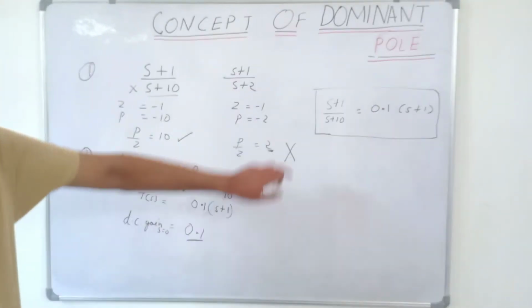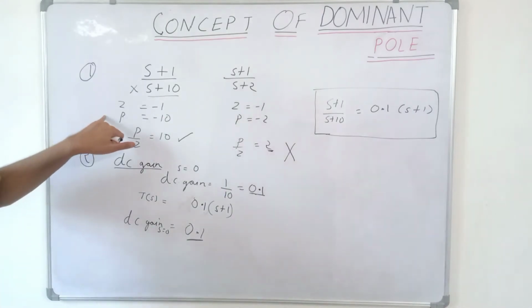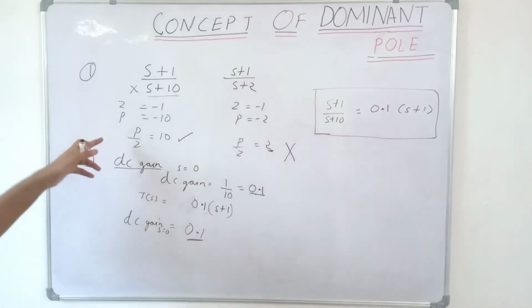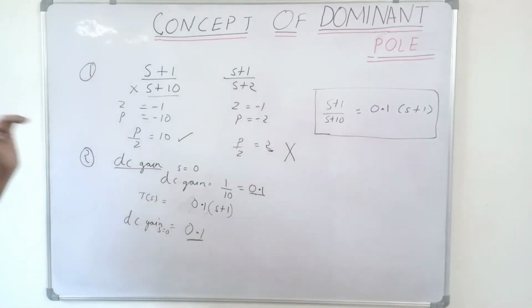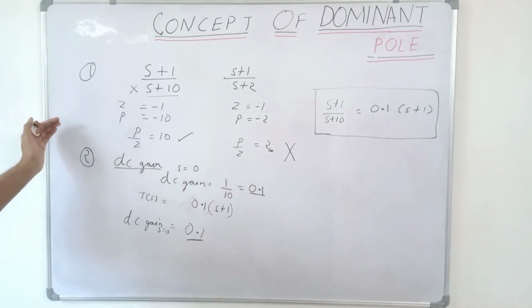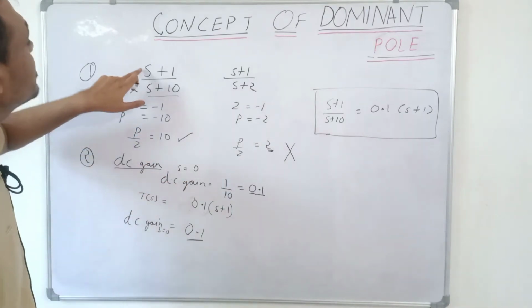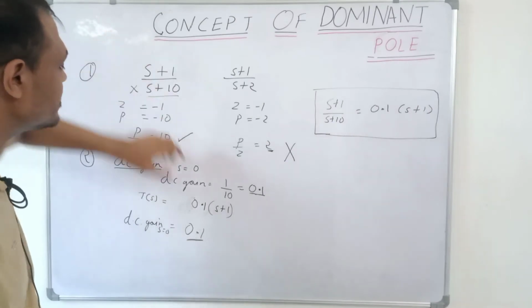The first condition is we have to check whether the dominant pole concept is applicable here. The ratio of pole to 0 was 10, so the dominant pole concept was applicable here. Then we have to make sure that the DC gain before removing the pole and after removing the pole must be same. So before removing the pole the DC gain was 0.1.